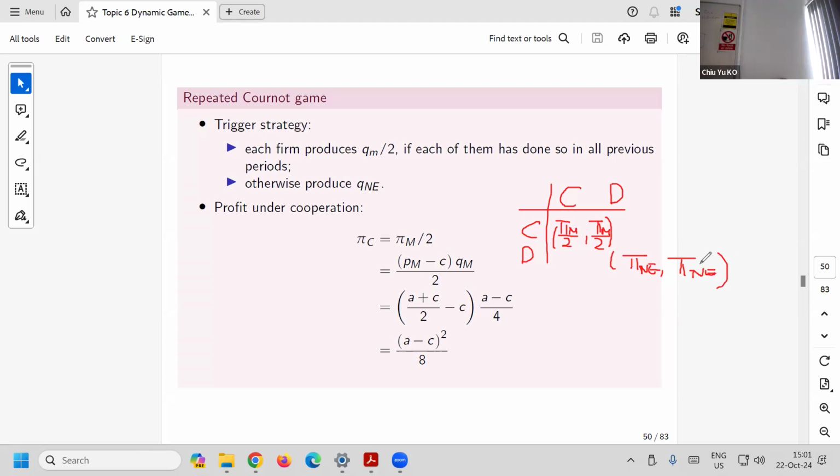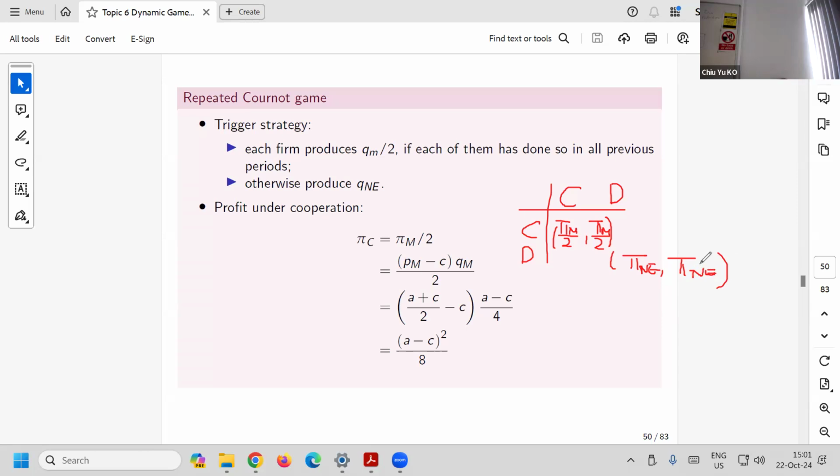So the only difficult part is what is the payoff for these two? We have to fill this up, because with the trigger strategy we can focus on the prisoner's dilemma game. So we need to figure out what the two entries are, the boxes here.